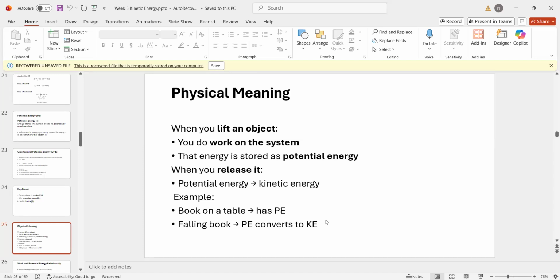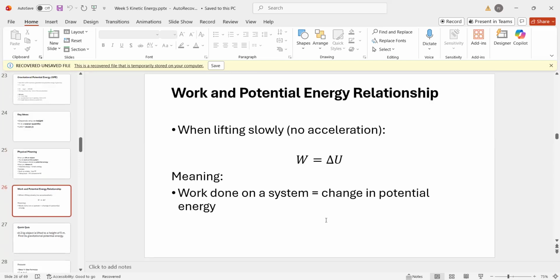It's possessing potential energy. So just push it, drop. The potential energy is converted to kinetic energy. So where is the object? The position of the object is what we are referring to as the potential energy. As the object starts movement, the potential energy is changed to kinetic energy.